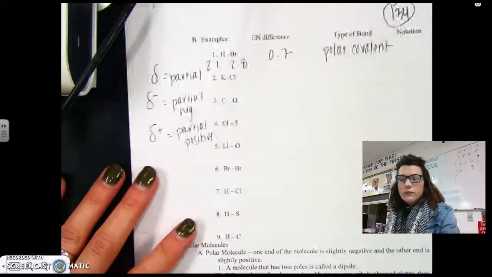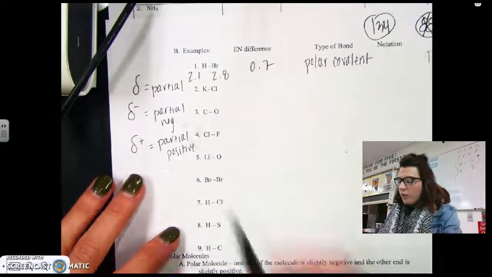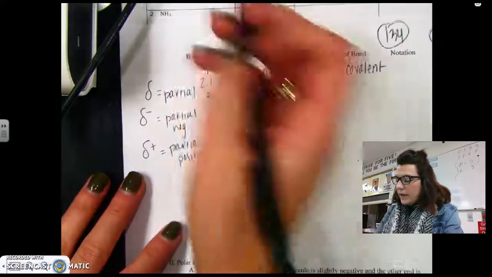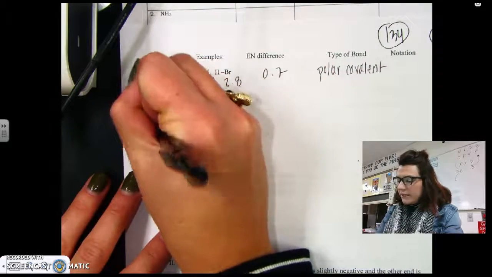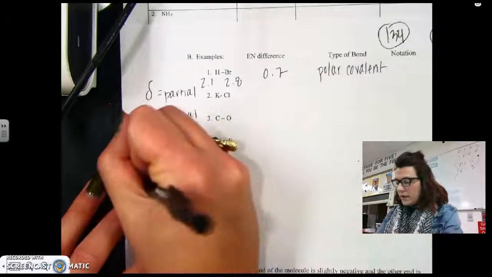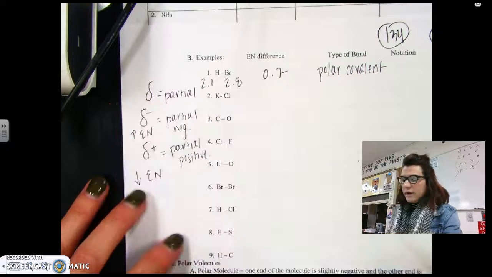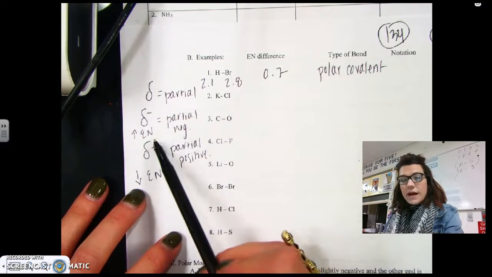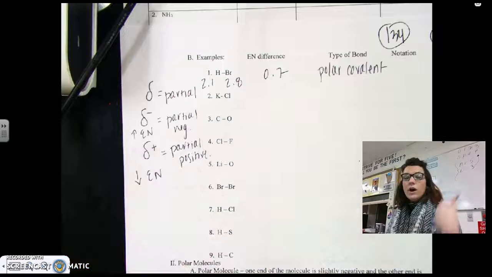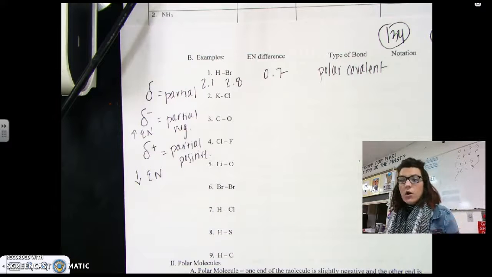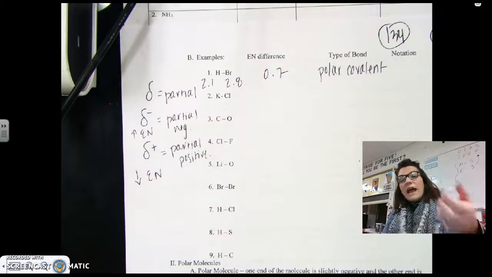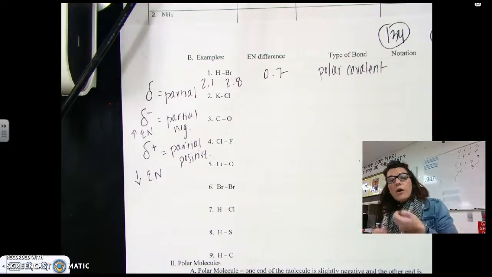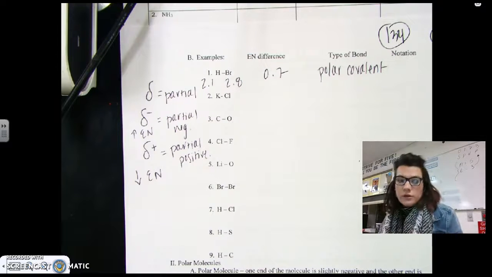Okay, so let's look at this. Rule of thumb, this is going to be the higher electronegativity, and this is going to be the lower electronegativity, right? Because if somebody has a higher electronegativity, that means they want the electrons more, which means in a game of tug of war, they have more of the rope on their side, which equates to more of the electrons, okay?